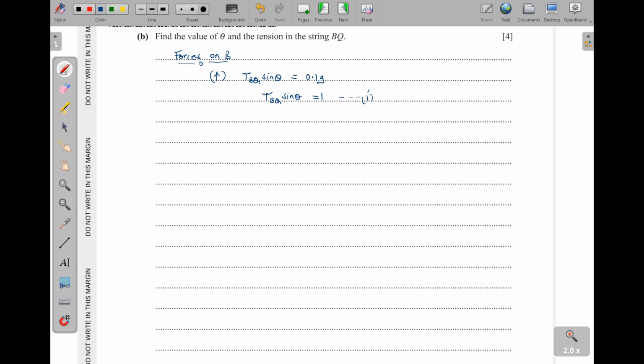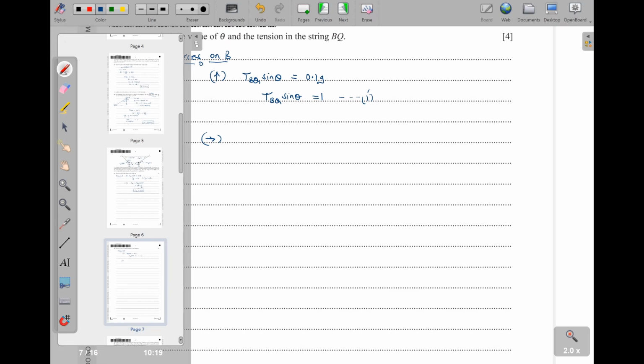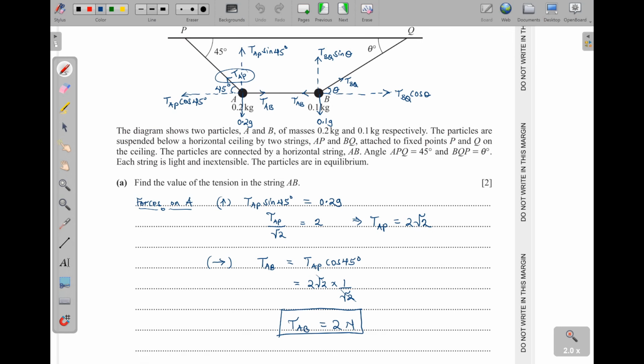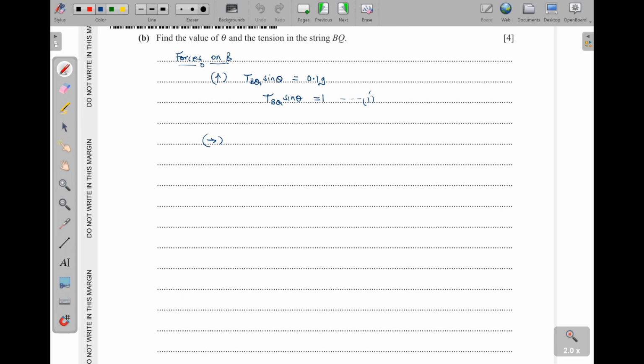Then horizontally, what is happening? Go back and check the diagram. So horizontally, we have TBQ cos theta, which is equal to TAB. TBQ cos theta is equivalent to TAB. Okay, already we got our TAB, the tension in the string AB, as 2. That is my second equation.